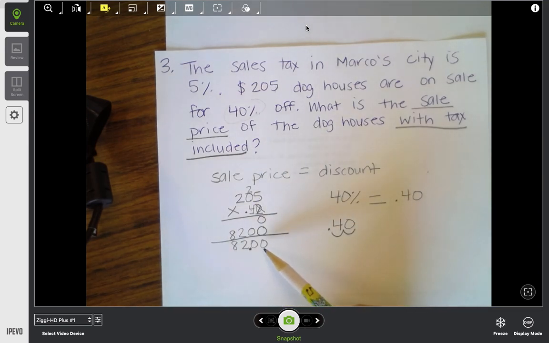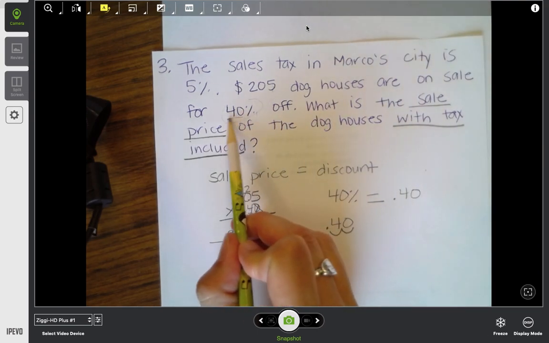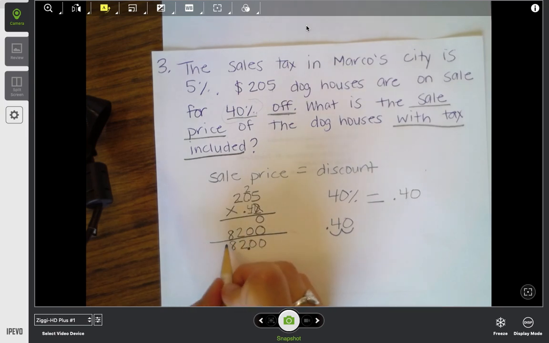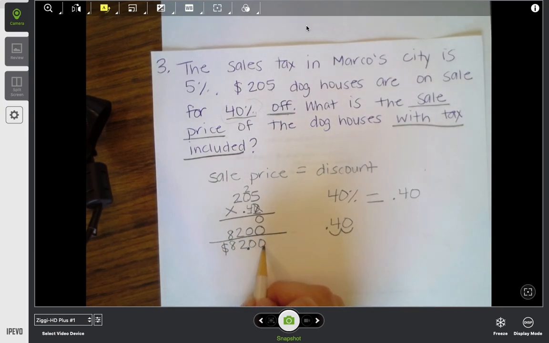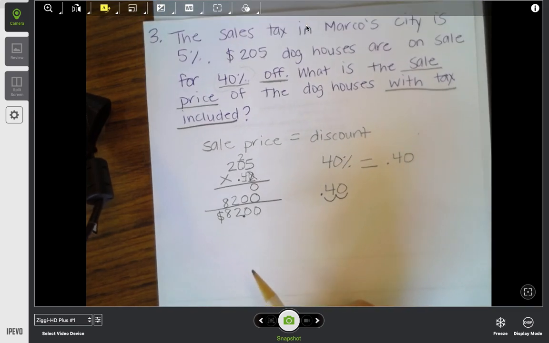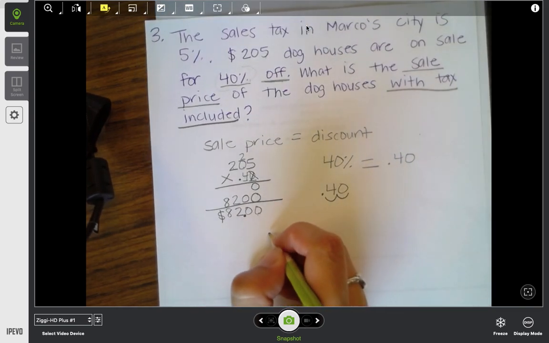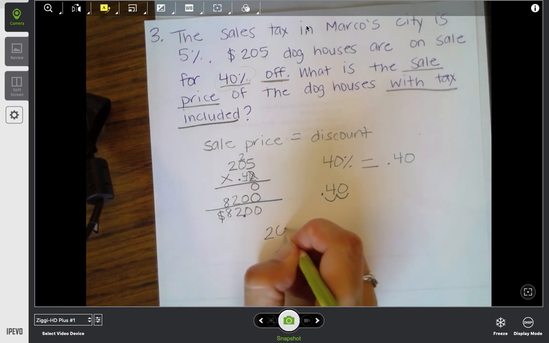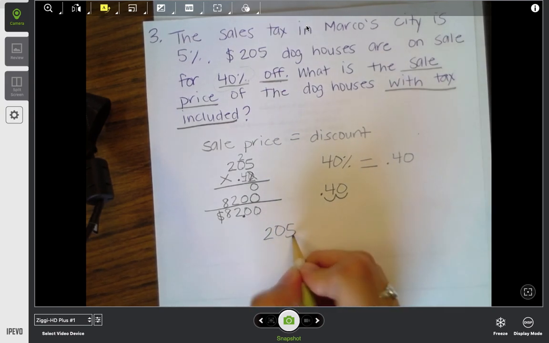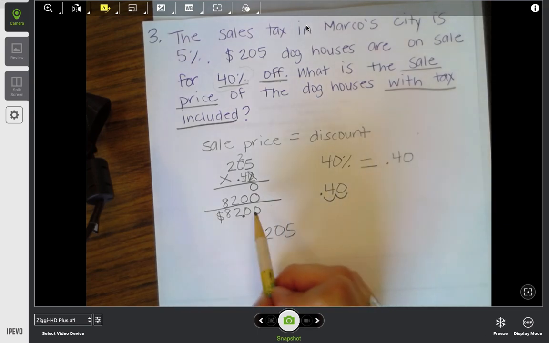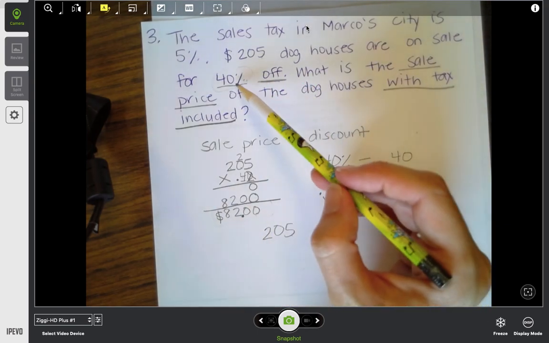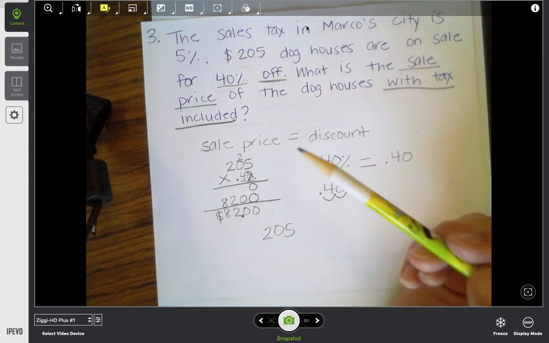Now this is where some of you are getting tricked. I found 40% of my total price. And if you notice, it says they are 40% off. So this amount is coming off of the total price. So to find my sale price, I've got to take my total amount, or my original price, and I need to subtract my discount here, because that's what's coming off the original price.